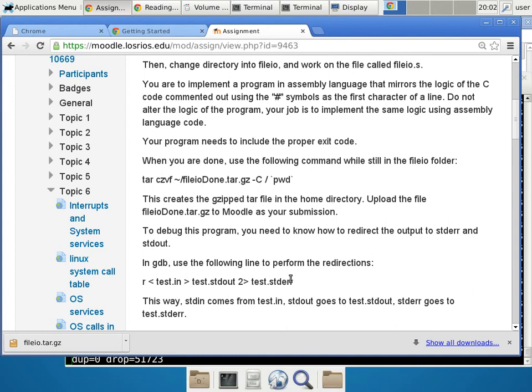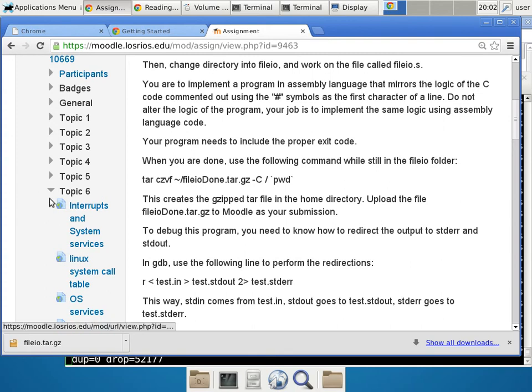Okay, this one I demonstrated in the previous class as well. Actually, in this case, you will need a 3 greater than as well because we are using 3 file descriptors. So you will need to specify 1 greater than, implicitly, and then you have 2 greater than, which means we're capturing the output from file descriptor 2 to, in this case, test.stderr, standard error. But you will also need a 3rd one because we're using 3 file descriptors.